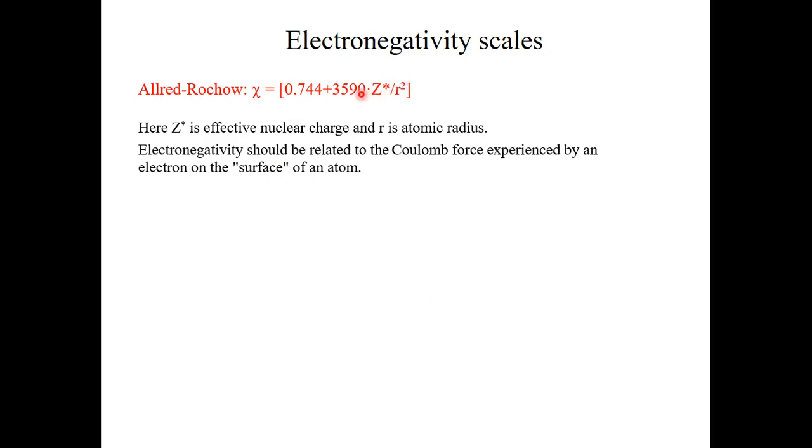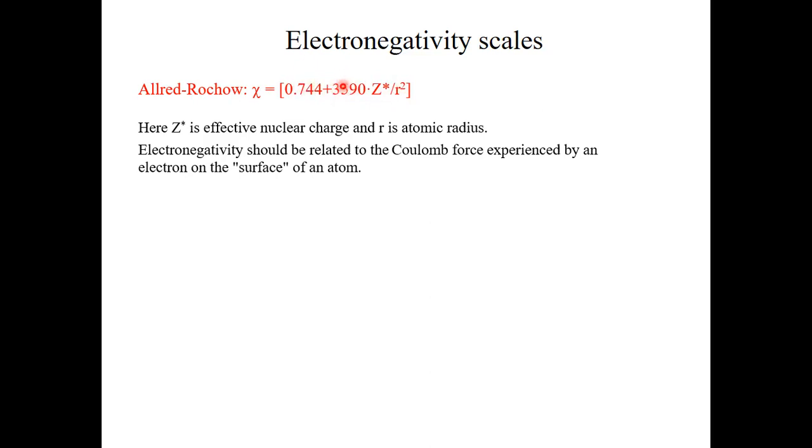So here you see that there are two other numbers. 3,590 is basically a coefficient to this term here, and we have 0.744 added to this term over here. These terms are empirically found.